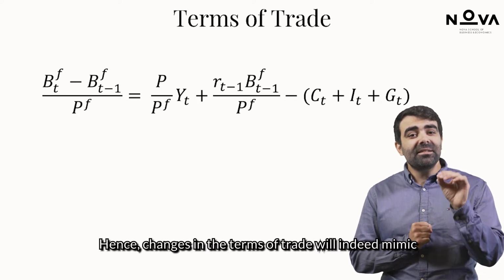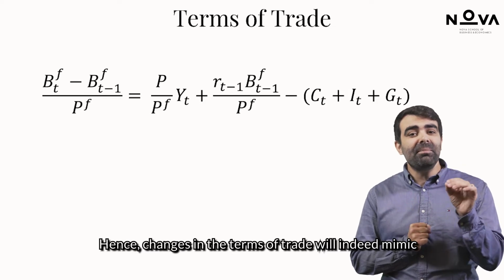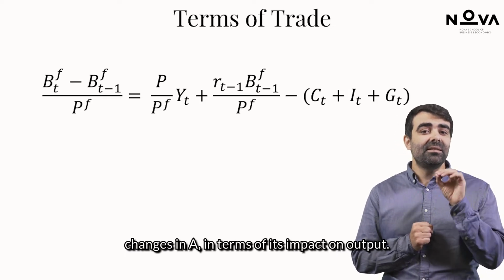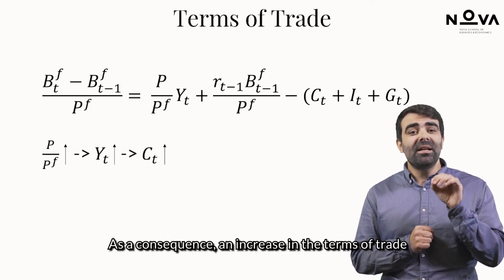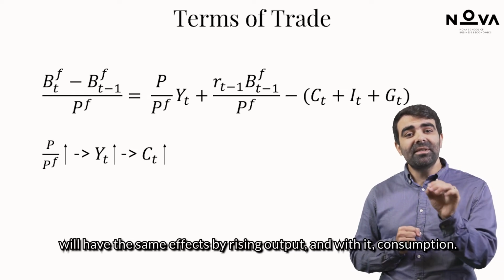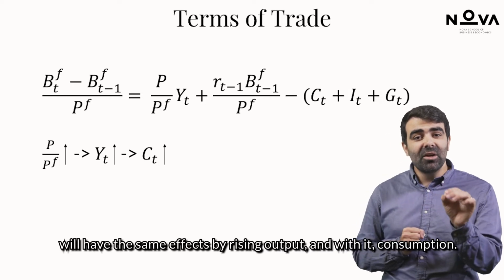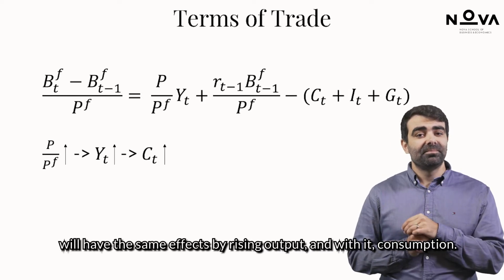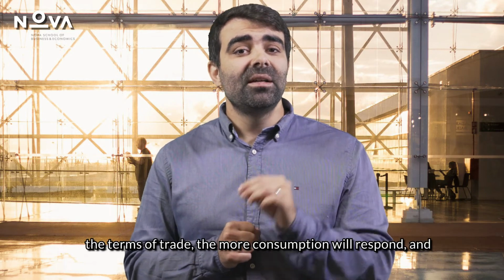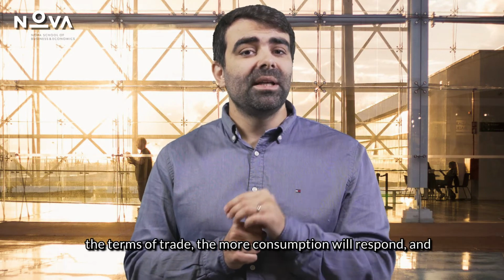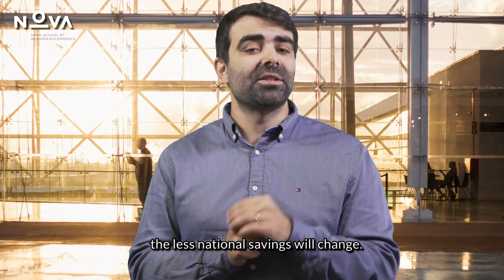Hence, changes in the terms of trade will indeed mimic changes in A in terms of its impact on output. As a consequence, an increase in the terms of trade will have the same effects by raising output and with it consumption. The more permanent the change in the terms of trade, the more consumption will respond and the less national savings will change.